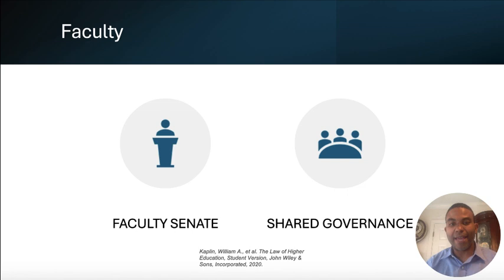And that brings up another concept, which is called shared governance. If you think about the history, as we talked about in the history of higher education, there is a long-standing view of the faculty as having a say in the decisions that are happening at that institution. The concept of shared governance is typically used in the context of faculty, and it says that the administration should consult faculty and listen to faculty input in making decisions.